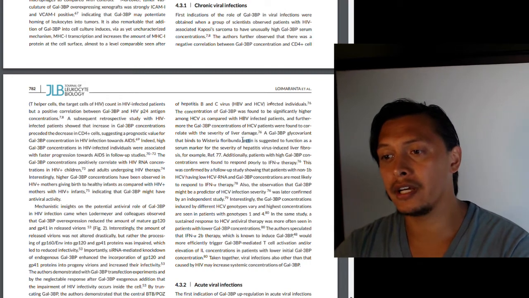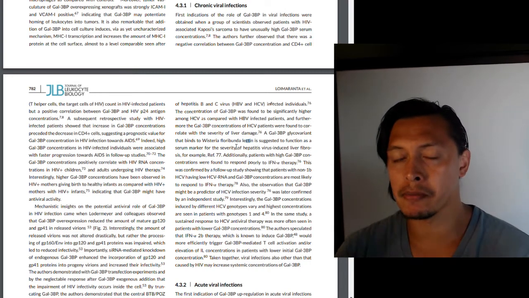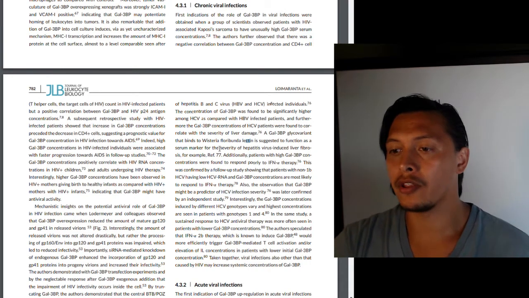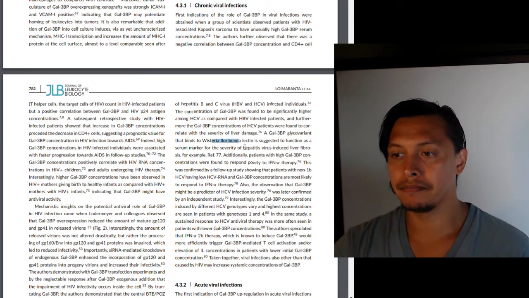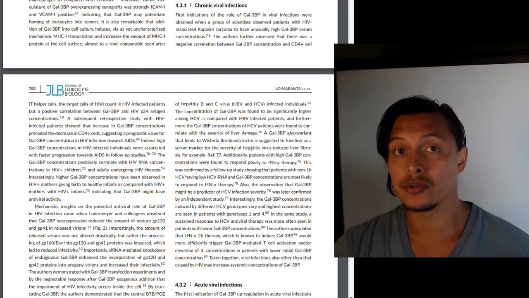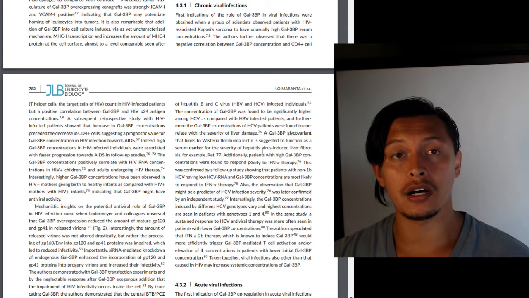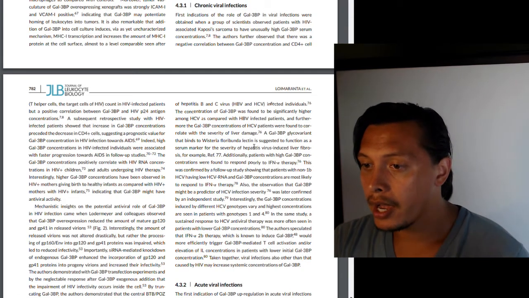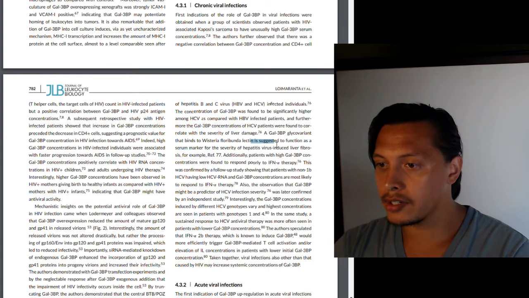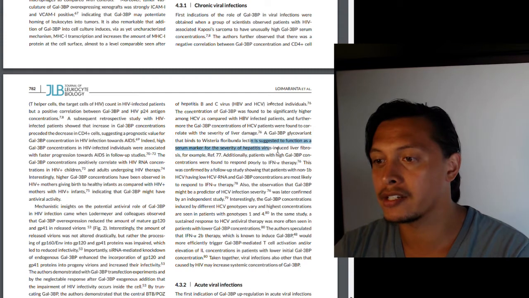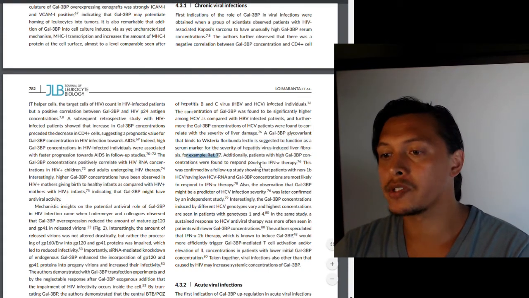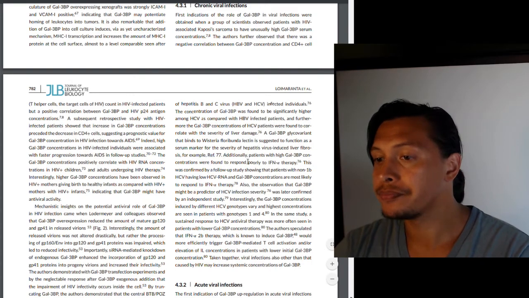We will have a variety of lectins from a bunch of different sources. The Wisteria floribunda, which is Wisteria, has a lectin that is frequently used in these glycoprotein studies. This is suggested to function as a serum marker for the severity of hepatitis virus-induced liver fibrosis, or the scarring of the liver, for example, in reference 77.